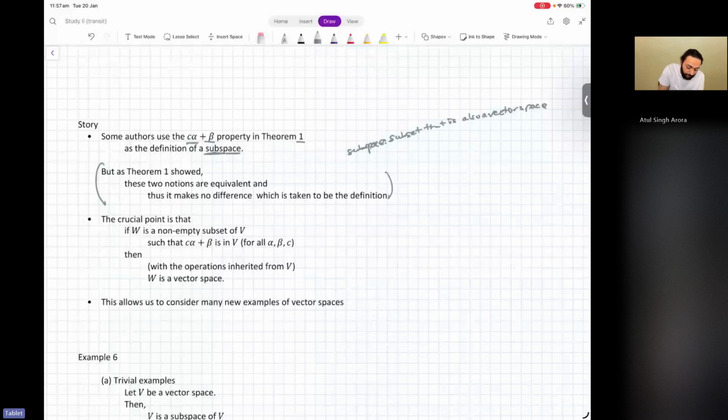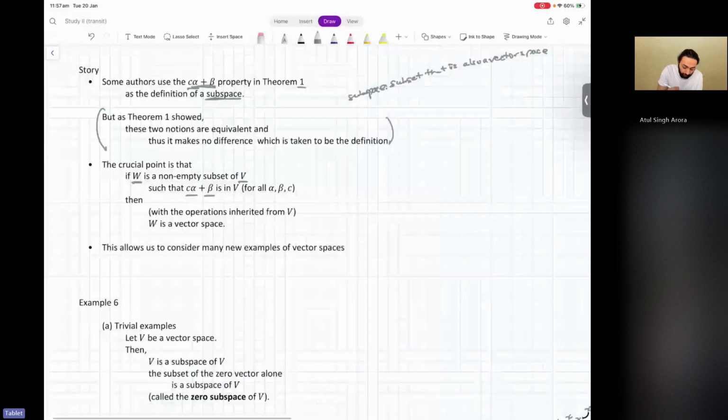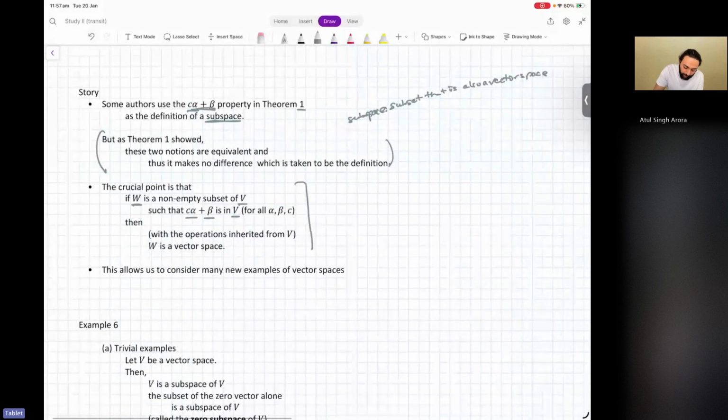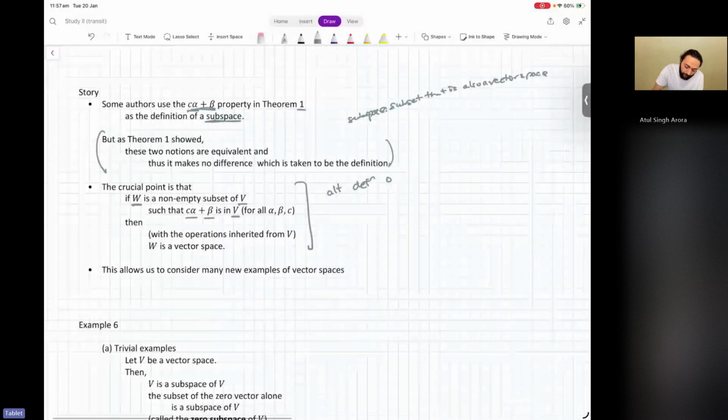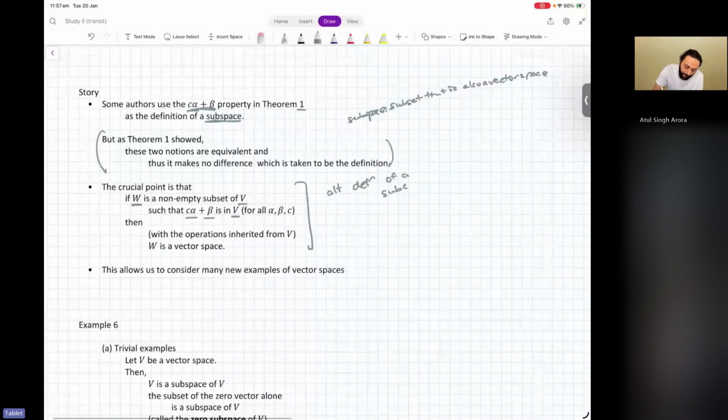The crucial point is that if W is a non-empty subset of V such that C alpha plus beta is in W for all alpha, beta, C, then W is a vector space. So this is the alternate definition of a subspace. This is what the theorem was saying. So this allows us to consider many new examples of vector spaces.